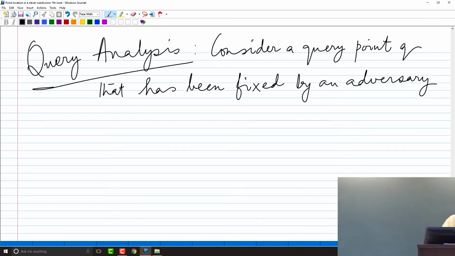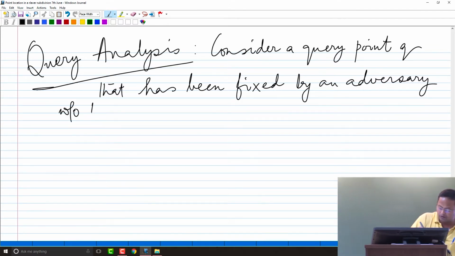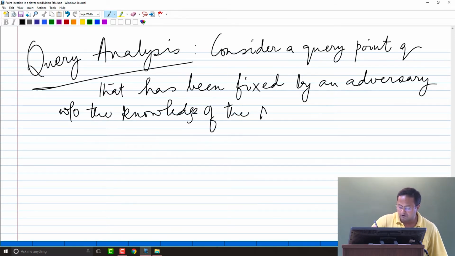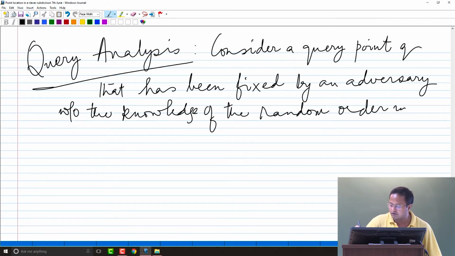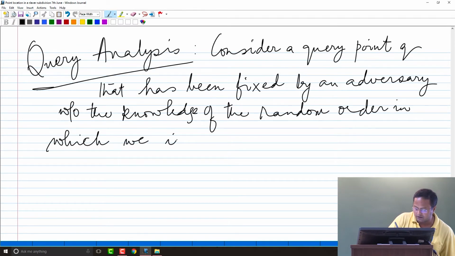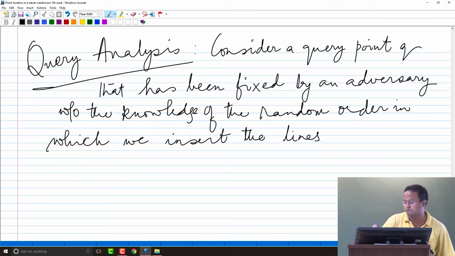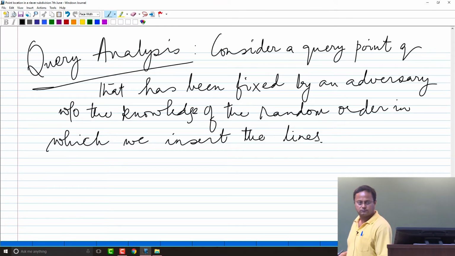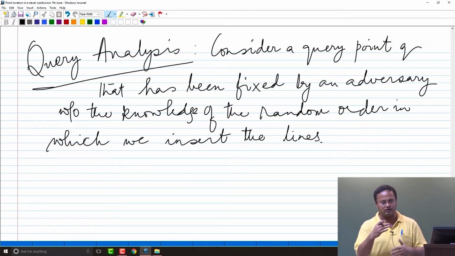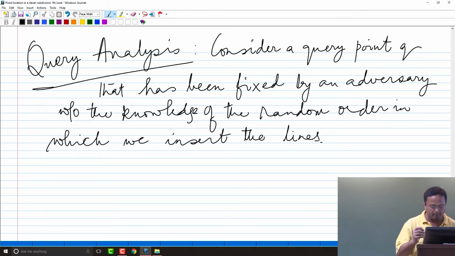So, by an adversary, let us make this clear, without the knowledge of the random order in which we insert the lines. So, the data structure is not fixed, it is evolving and I am doing my analysis on this.